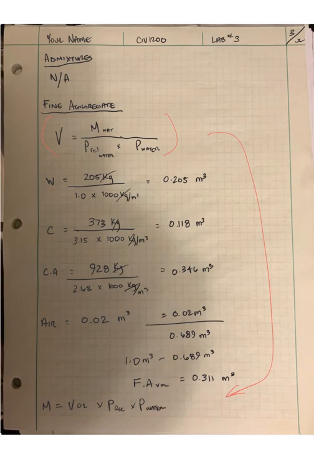So if we plug these values in, our fine aggregate is going to equal the volume, which is 0.311 meters cubed, multiplied by its relative density to water, which is 2.64, multiplied by 1,000 kilograms per meter cubed. Our meter cubes cancel out. And when we see all of this, we find that we need 821 kilograms of fine aggregate.